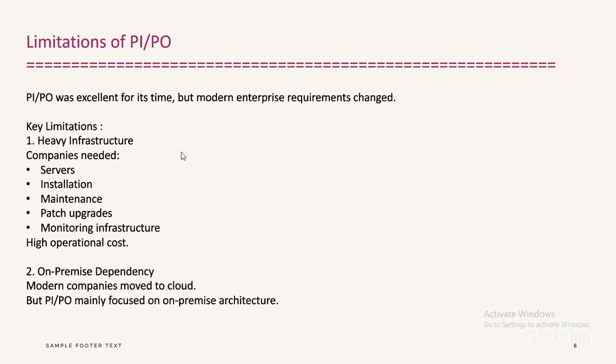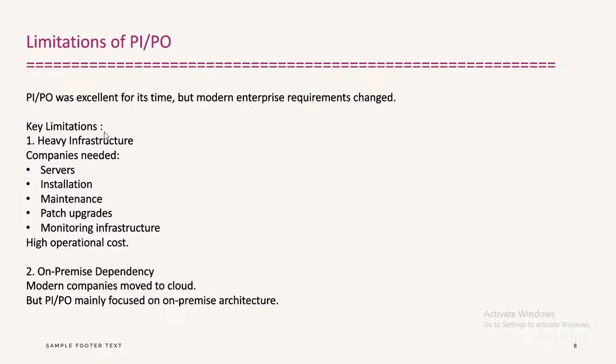There are some limitations in the PAPO system. That is the reason we moved to the cloud. PAPO was excellent for its time, but modern enterprise requirements changed. The major limitation is heavy infrastructure: the company needed servers, installations, maintenance, patch upgrades, and monitoring infrastructure.